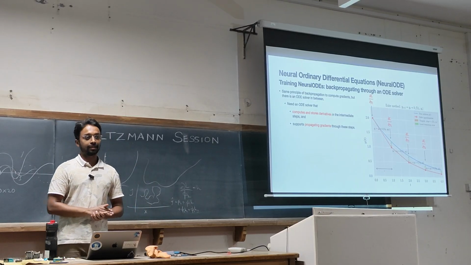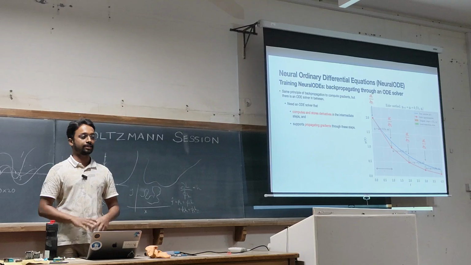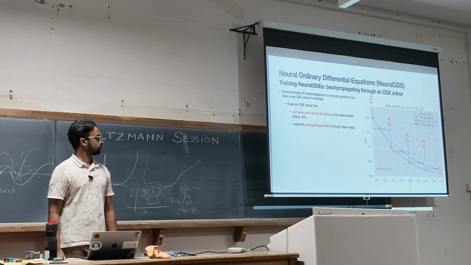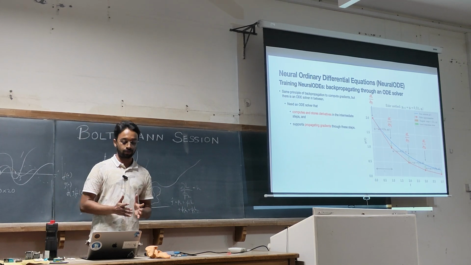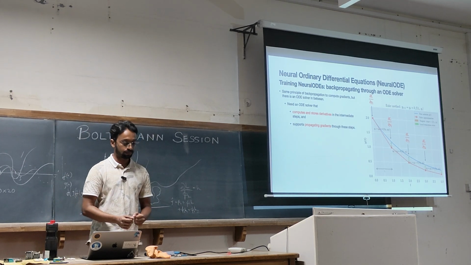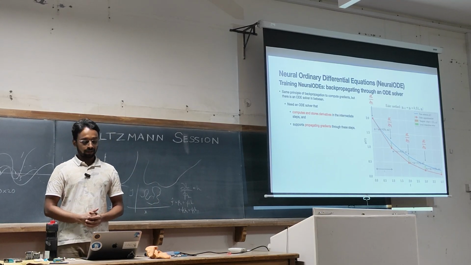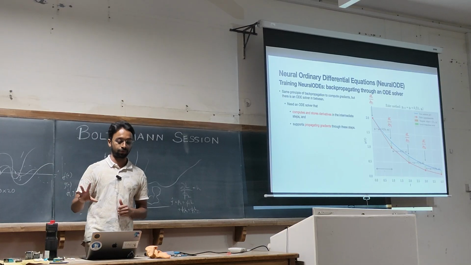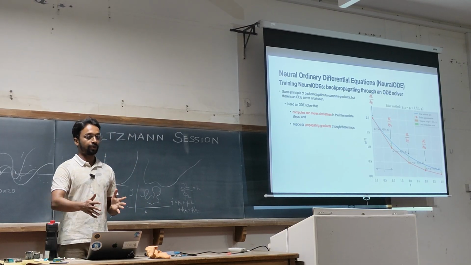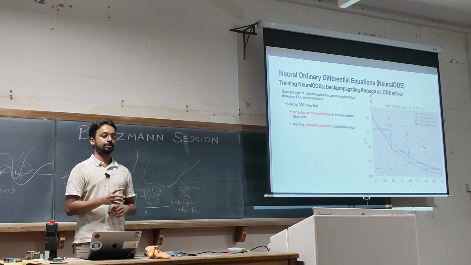Now, a lot of the numerical ODE solvers you see, for example, if you've used SciPy's odeint, it has an ODE solver, but it does not have a way of using the information while it is solving to compute derivatives. That is where automatic differentiation comes in, which is the idea that if you are doing a computation, you want to find arbitrary derivatives with respect to the parameters in that computation.